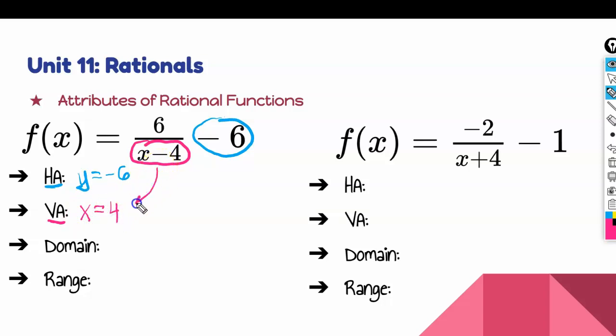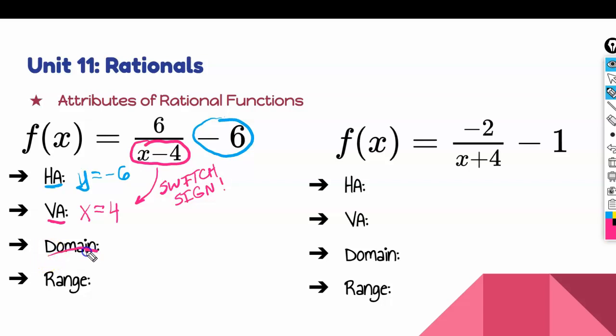So remember to switch the sign. It's not going to match exactly what you see in there. Okay, so if you need to write down this example and make a note of that to yourself, please do so. All right, and now domain and range.